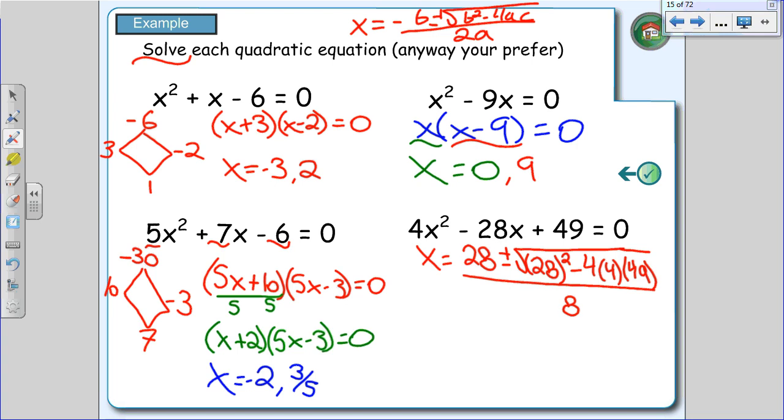Just because I know it's going to take me a little bit of time, but it'll probably be the same amount of time as factoring anyway, because the factoring is hard. And I don't even know if I can factor it out. So I don't want to waste my time trying to factor if I can't end up factoring.